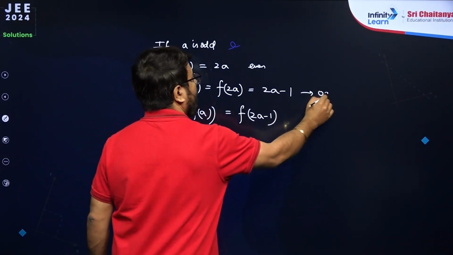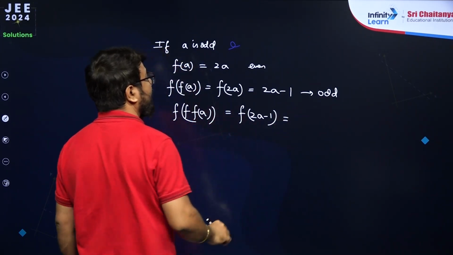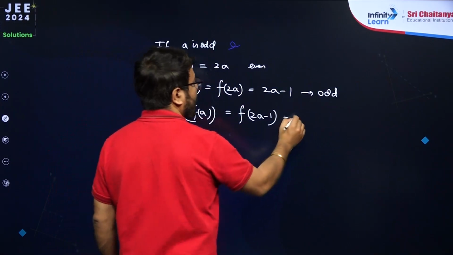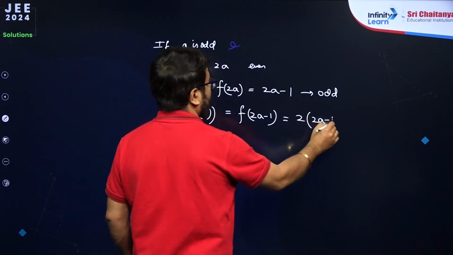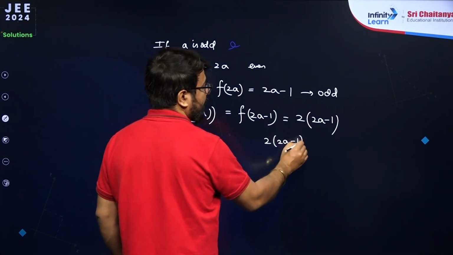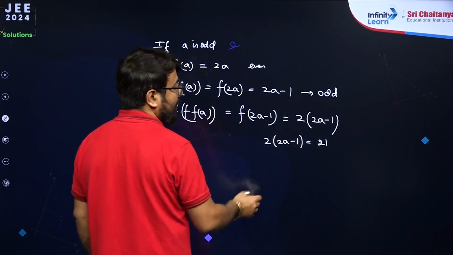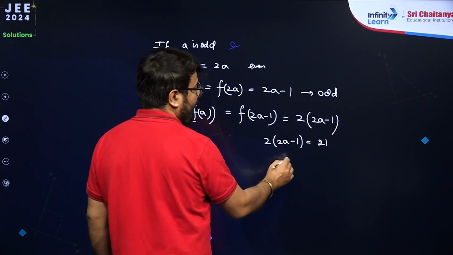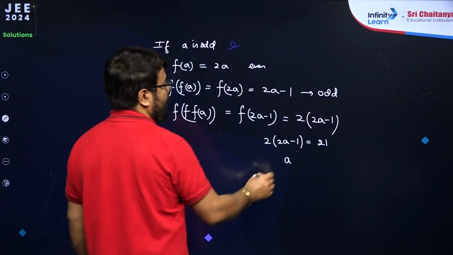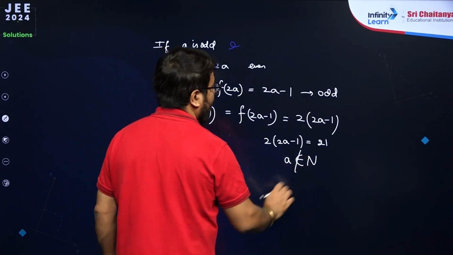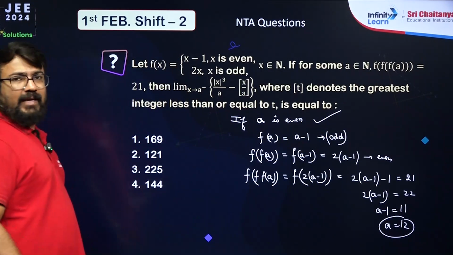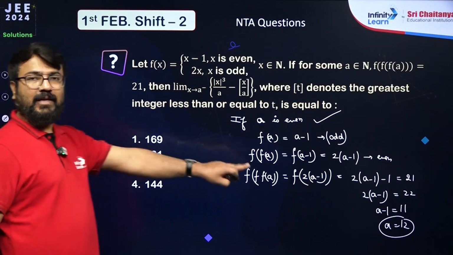This is actually an odd number. And if I keep odd, that will become twice, so twice of 2a minus 1. Alright. So this twice of 2a minus 1 is actually 21 being given to us. So from here, I will not be able to get an odd natural number. a does not belong to the natural numbers, so that means this is correct. a is an even natural number and the value of a is 12.